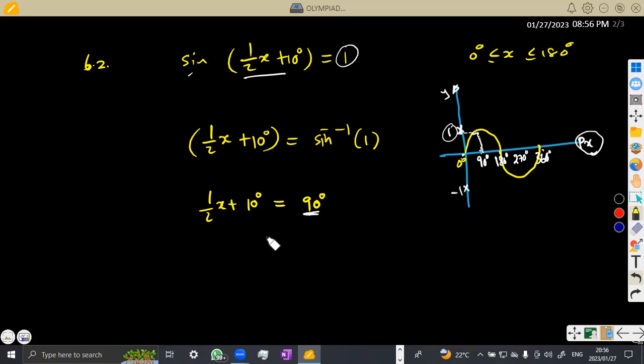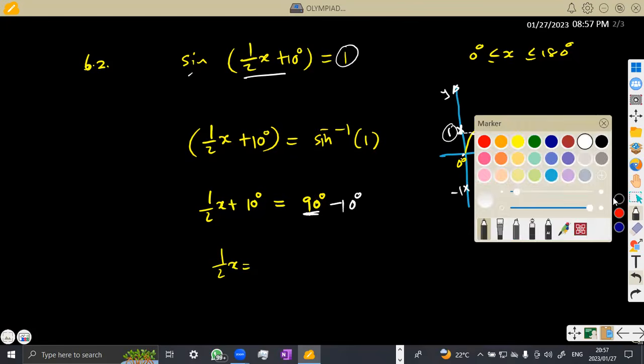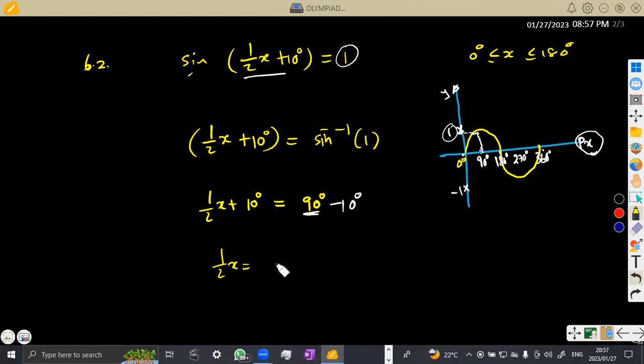So how now are we going to solve for x? Like I said, you can take it from the calculator or from the graph. From this part, we can transpose 10 degrees to the right-hand side, which is -10, so it's going to be 90 minus 10 degrees, that is 80 degrees. To find x, you can cross multiply because this is the same as over 1.